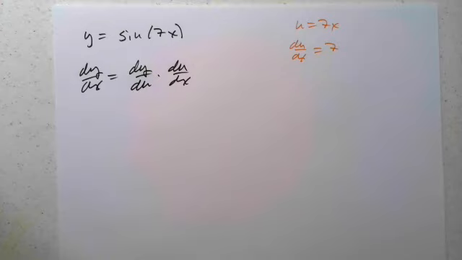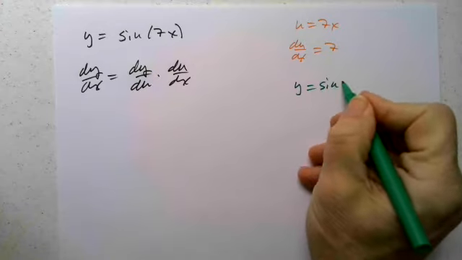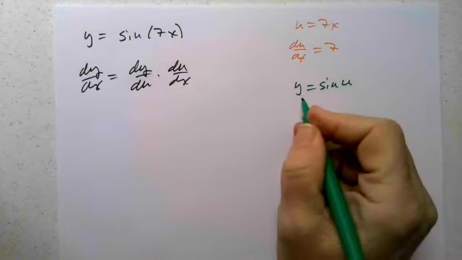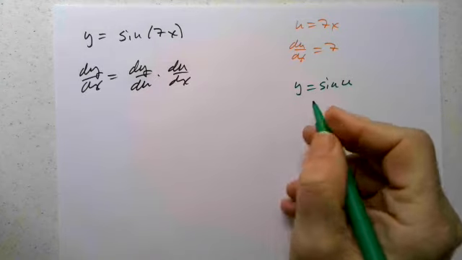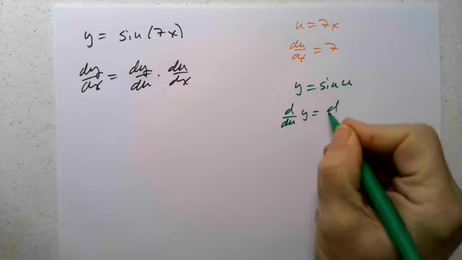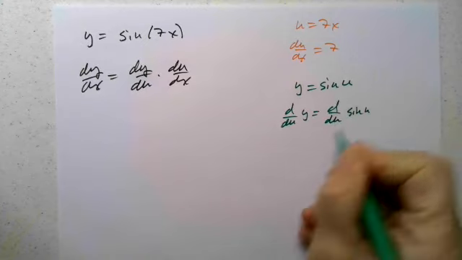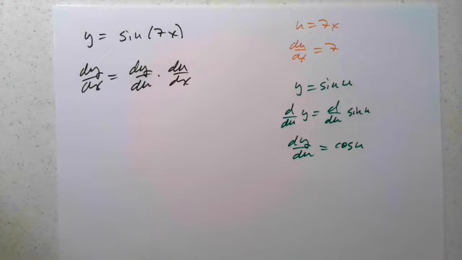Y is sine u. So the derivative with respect to u of y, with respect to u of sine u, dy du is cos u. And let's finish this.